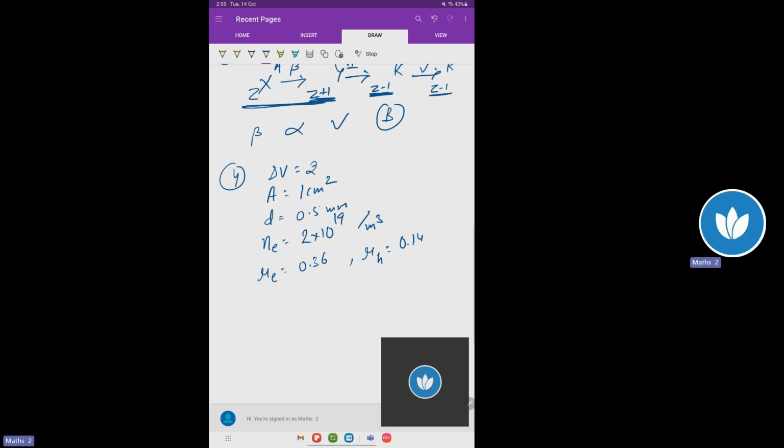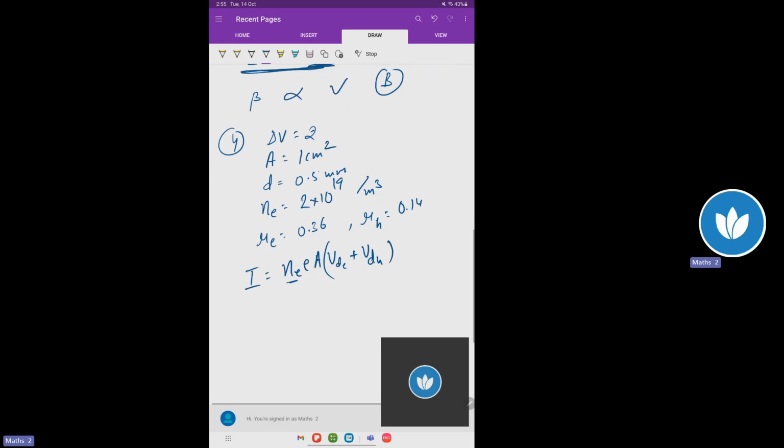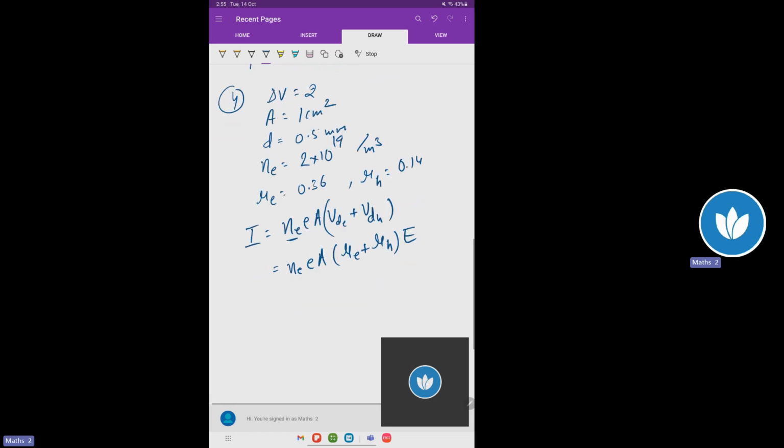the current flowing through it is I equal to N E A V drift E plus N H. N E and N H are the same, so we can say V drift H. Drift velocity is mu E. So N E A (mu E plus mu H) into electric field E, and electric field is V by d.